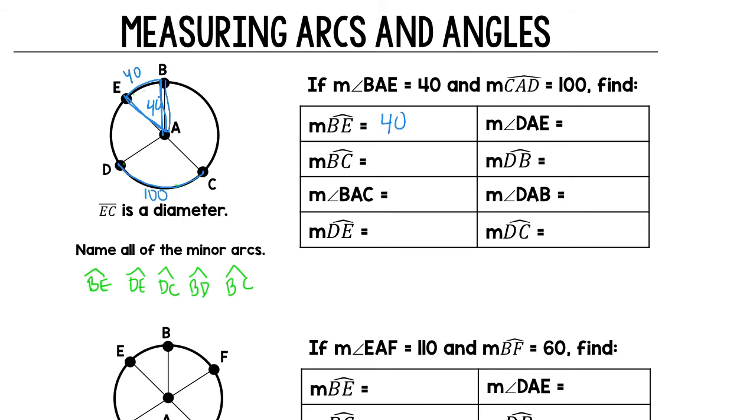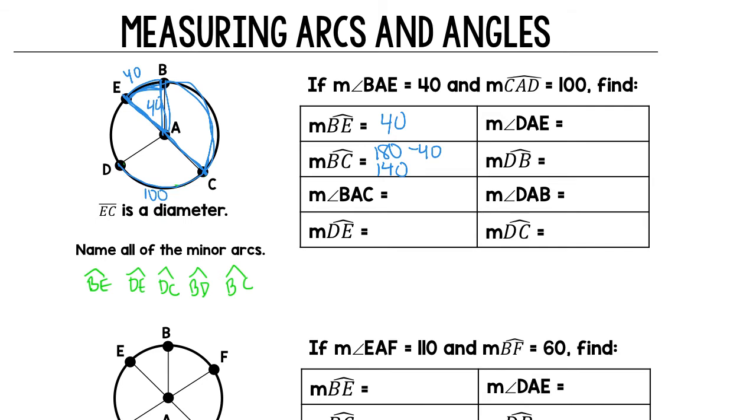Arc BC, all right, so if this is our diameter, then this central angle is 180. That means this whole arc is 180, and we just want to know this part. So this is 180 minus 40 for arc BC. So that means the measure of arc BC is 140.